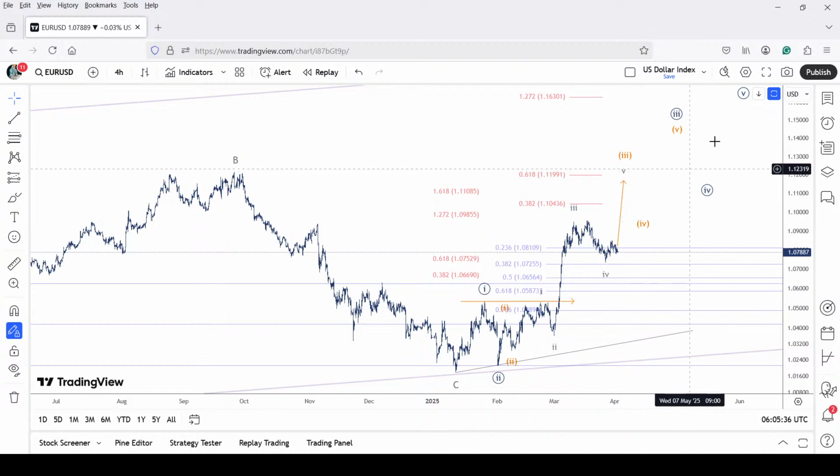And as the five waves of the larger degree unfold, ideally Euro should be trading close to 1.1630, or even higher. It could be trading close to 1.17 as well.